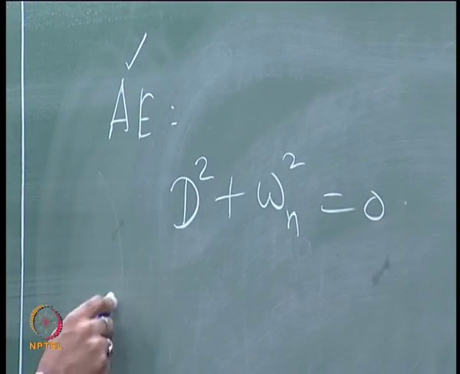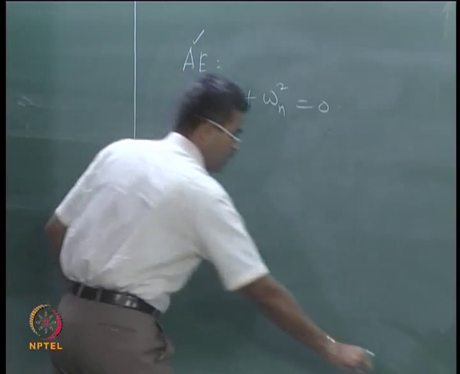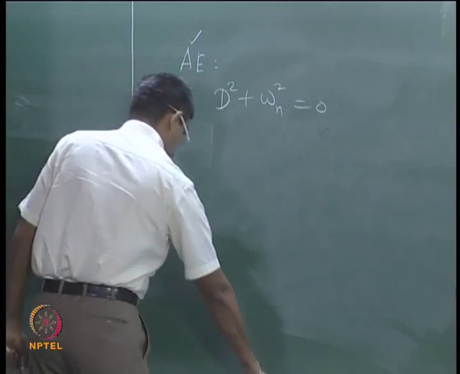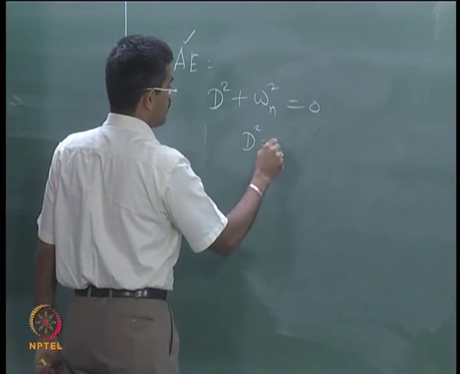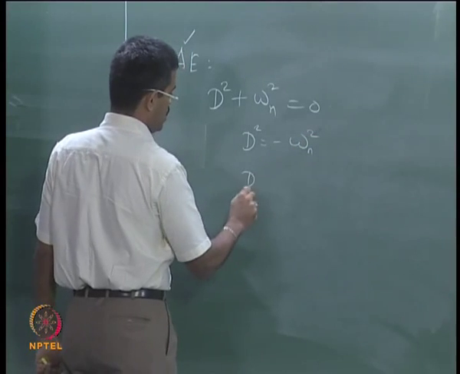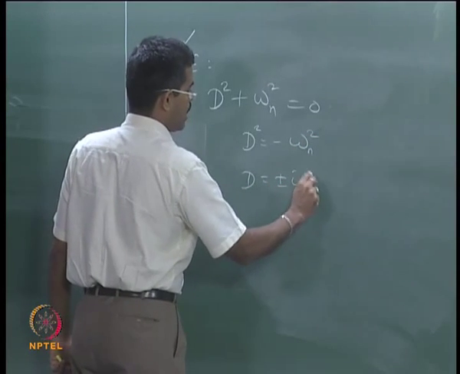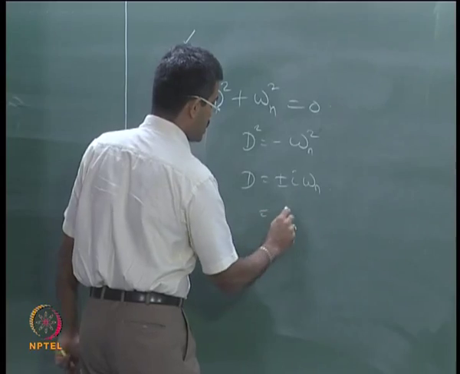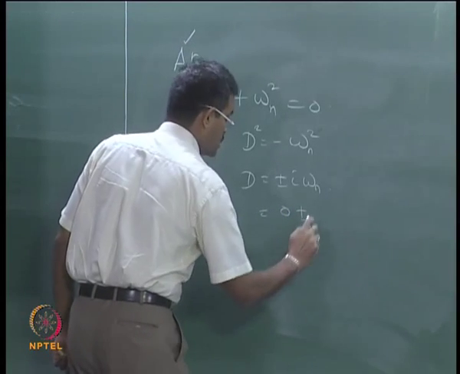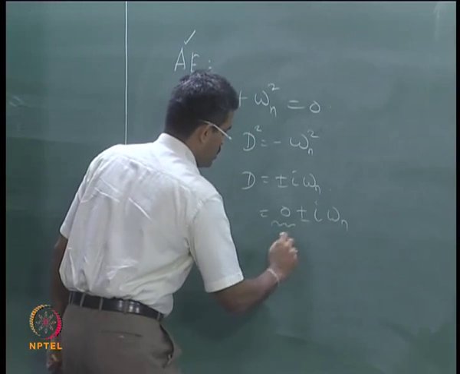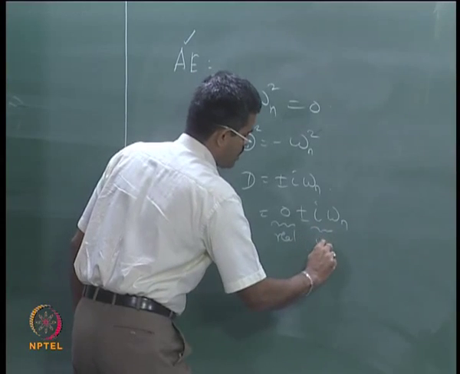So I write the complementary function for this. Now the roots will be, for example, d square now becomes minus omega n square, or d is plus or minus i omega n. Can rewrite this as 0 plus or minus i omega n. This is my real part, this is my imaginary part.